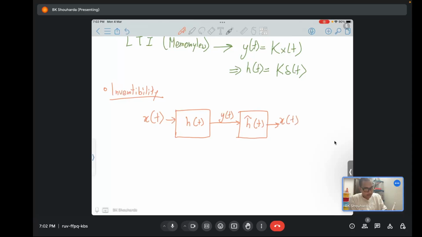In such a case, this is called the inverse of the system, and it is not necessary for all systems to have inverses. Not all systems have their inverses, and in some cases the inverse is difficult or almost impossible to realize.